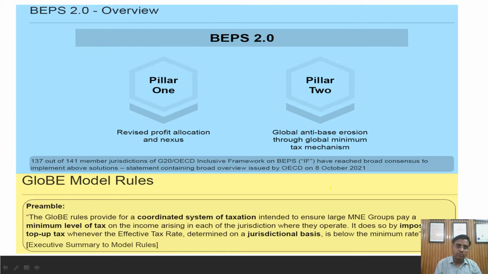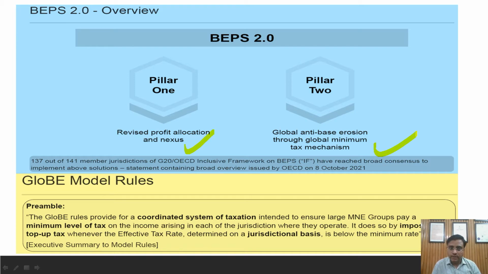They want to revise profit allocation in that respect. So now 137 out of 141 member jurisdictions of the OECD G20 inclusive framework on BEPS have reached broad consensus to implement the above solution. The statement contains a broad overview by the OECD.